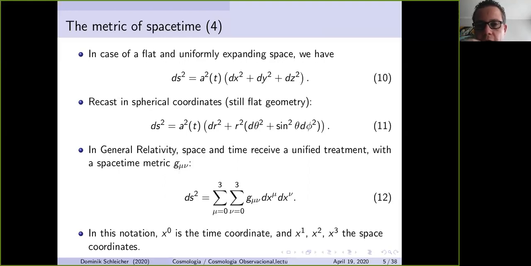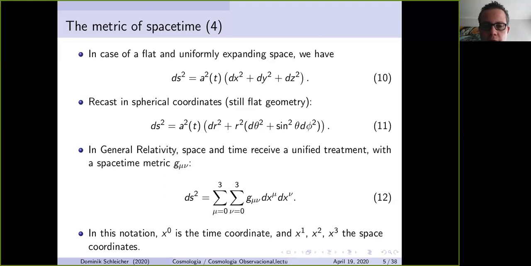Now, if we go from here to general relativity, then it becomes a bit more complicated, because in general relativity, space and time receive a unified treatment. So we do not just consider the spatial part of the metric, we have to consider the space-time metric, g mu nu. And for this purpose, we have to sum up over the indices mu and nu from 0 to 3. 0 is the time-like index, 1 to 3 are the space-like indices.